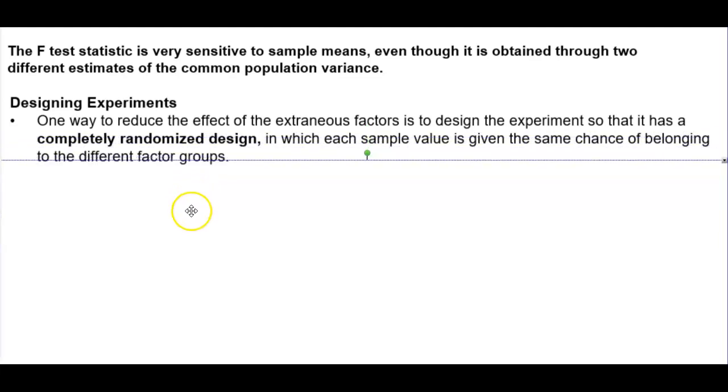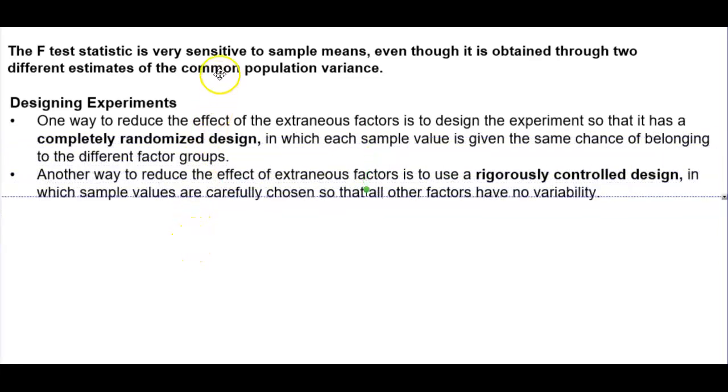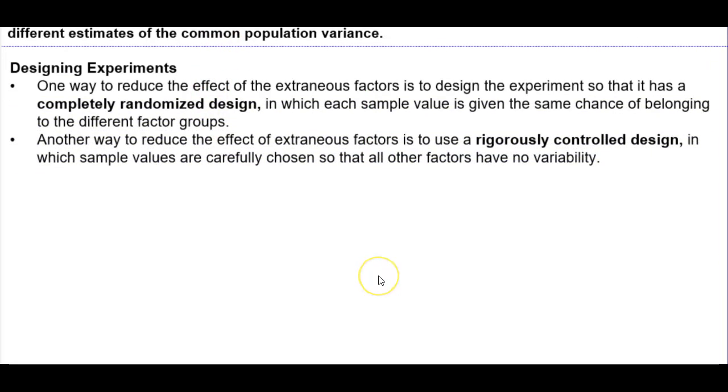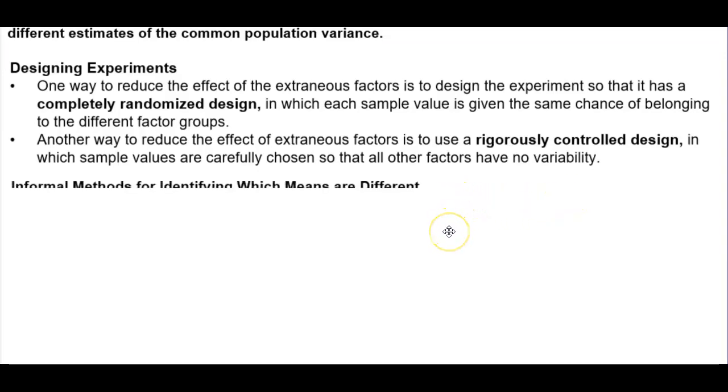Now, in designing experiments, one way to reduce the effect of extraneous factors is to use a completely randomized design, in which each sample value is given the same chance of belonging to the different factor groups. Another way is to use a rigorously controlled design, in which sample values are carefully chosen so that all factors have no variability.